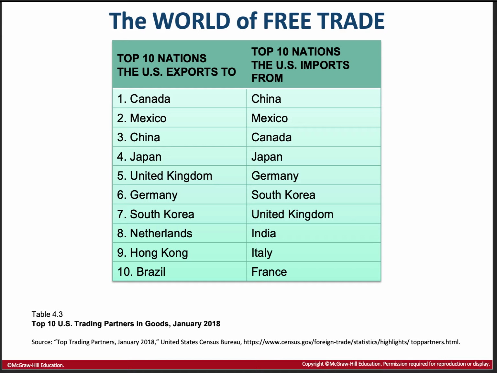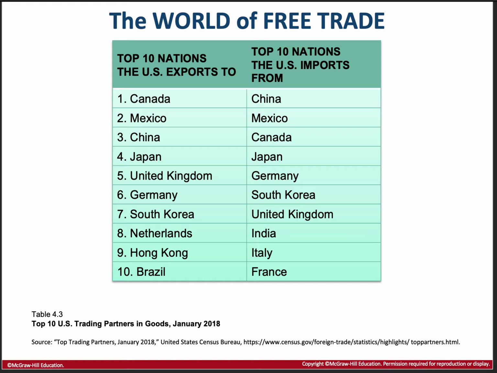What's interesting is that we don't import much as far as when you look at the top 10 from the Netherlands and Hong Kong and Brazil. However, we do from India, Italy, and France.